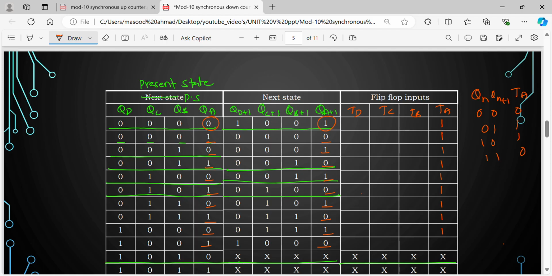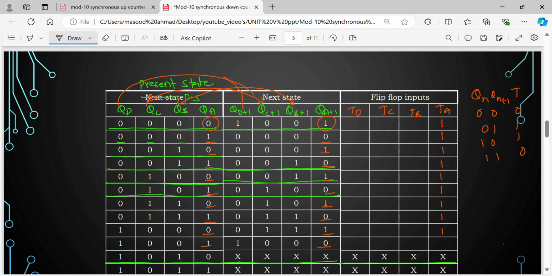Of course we can say that it is T, where T stands for T flip-flop. You can apply it for A, B, C, D, in our case for all flip-flops. Now we compare TB: QB has to be compared with QB plus 1, QC with QC plus 1, and QD with QD plus 1.